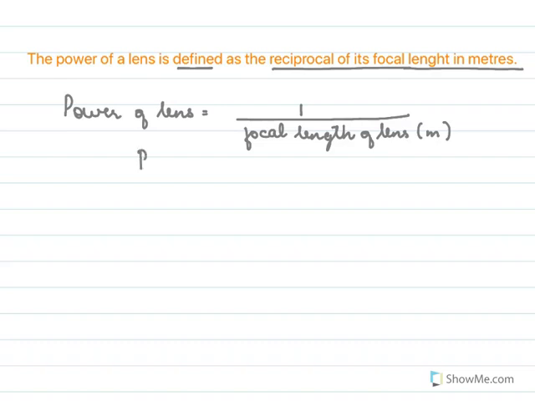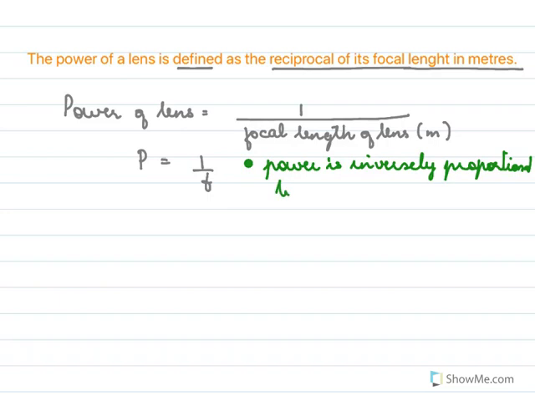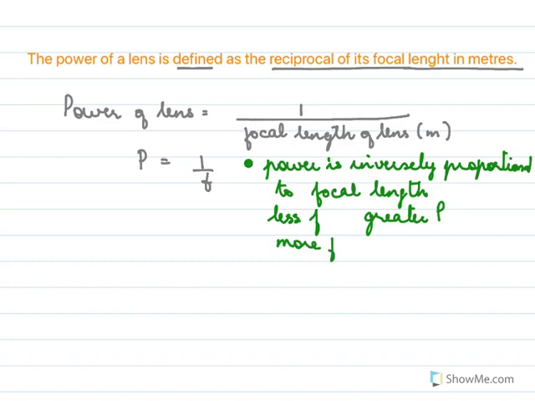So we can say that P equal to 1 by F. There's another important point we can observe here, that power is inversely proportional to focal length, which means if focal length is less, greater power, and larger f, longer f, more focal length, less power.